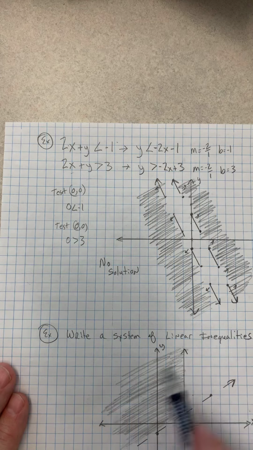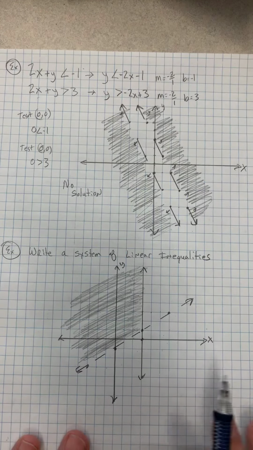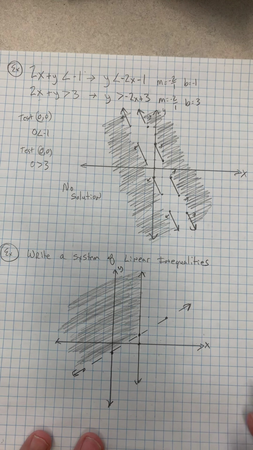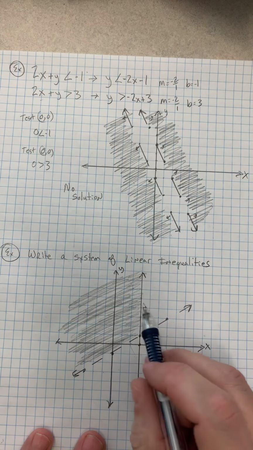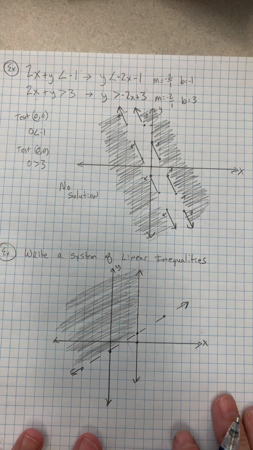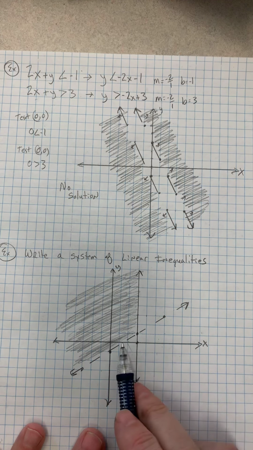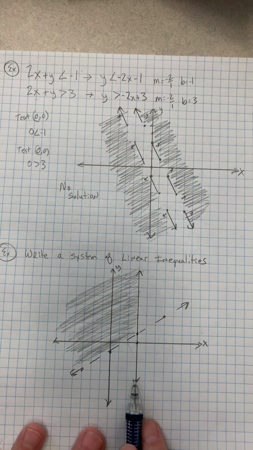And we want to write the system of linear inequalities. So I've got this right here. I'm going to look at this vertical line. Hopefully you are recognizing that a vertical line is x equals, but it's an inequality. If this was just a line and I wasn't dealing with inequality, this would be the line x equals 3.